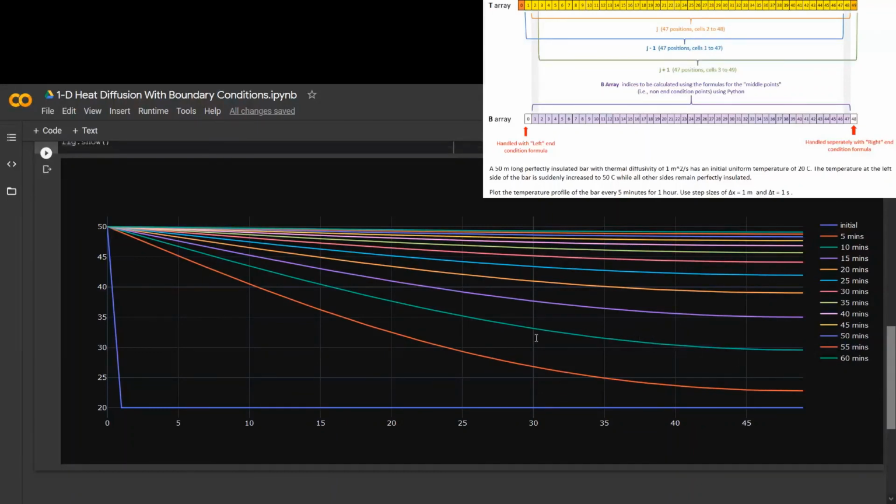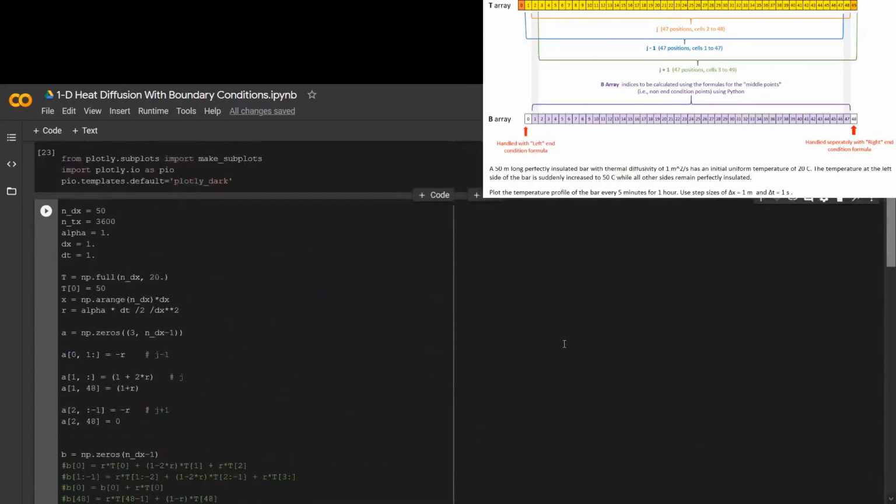So maybe another thing we want to do here is change our x-axis to be a little bit more, well, I think that's good. I think that looks pretty good to me. So I think this is a good demonstration of how useful Crank-Nicolson is for diffusion problems.